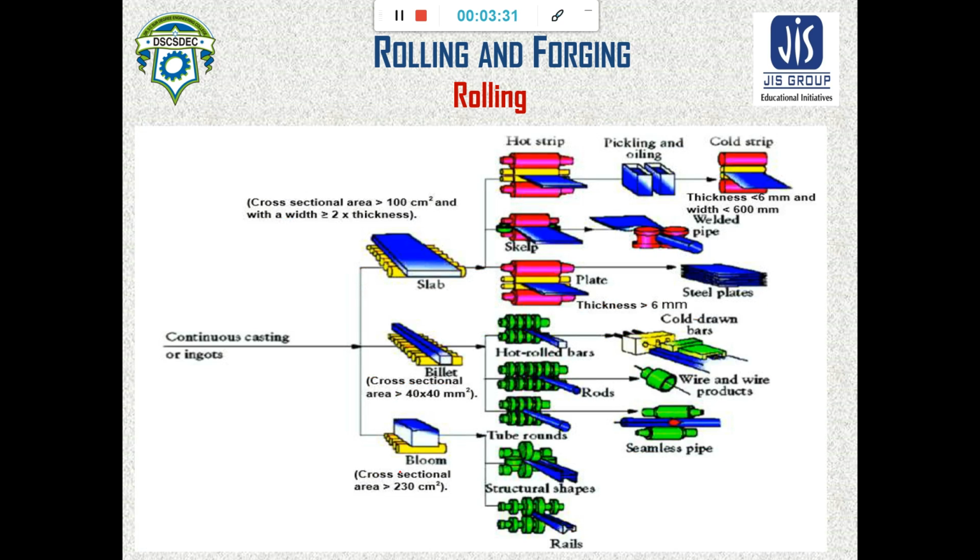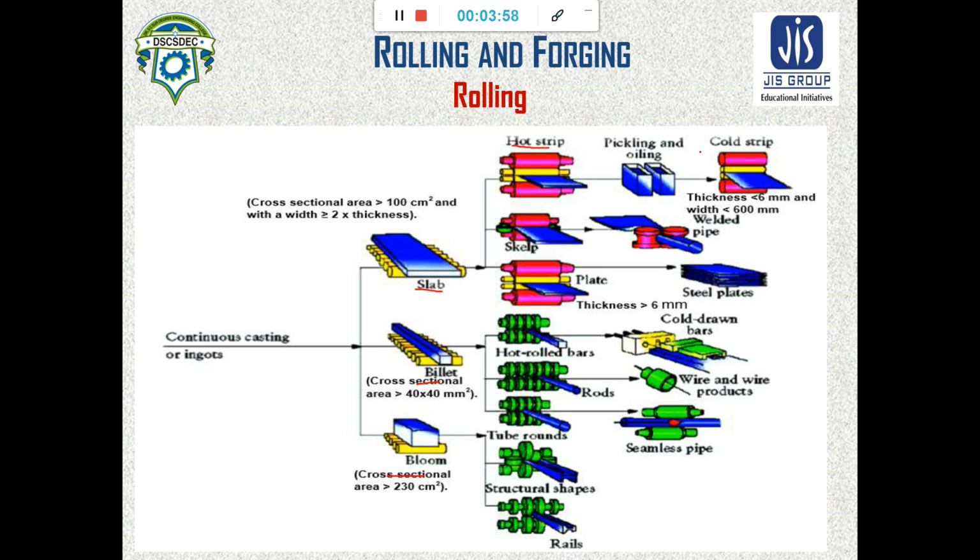Now we will see some of the typical applications of rolling. From continuous casting or ingot, what can we get? We can get slab, billet and bloom, as I told you earlier. From this slab, by hot working we can make hot strip.